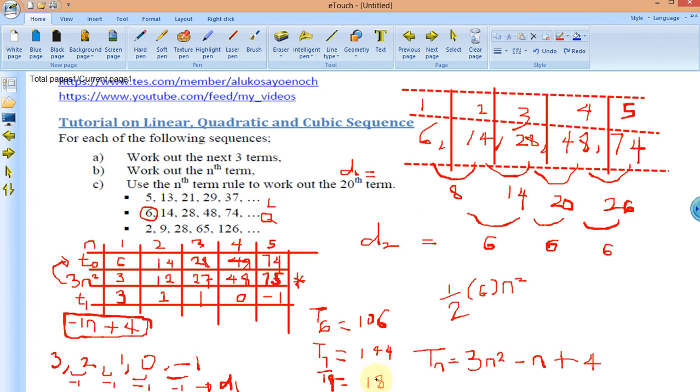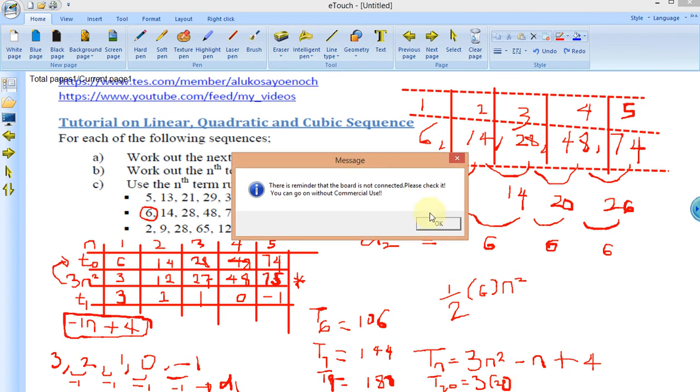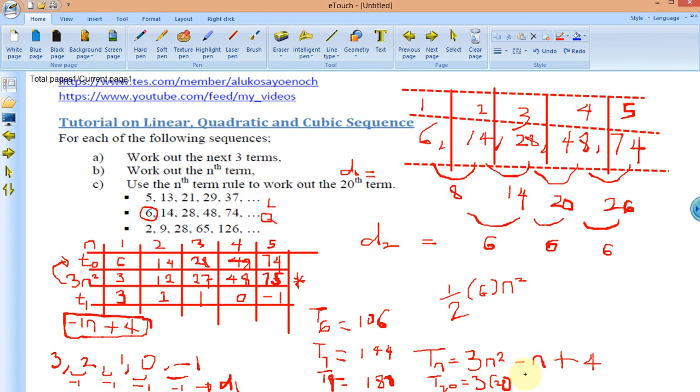Finally, we have to use the nth term rule to find the 20th term. So T20 will give me 3 into 20 squared minus 20 plus 4.